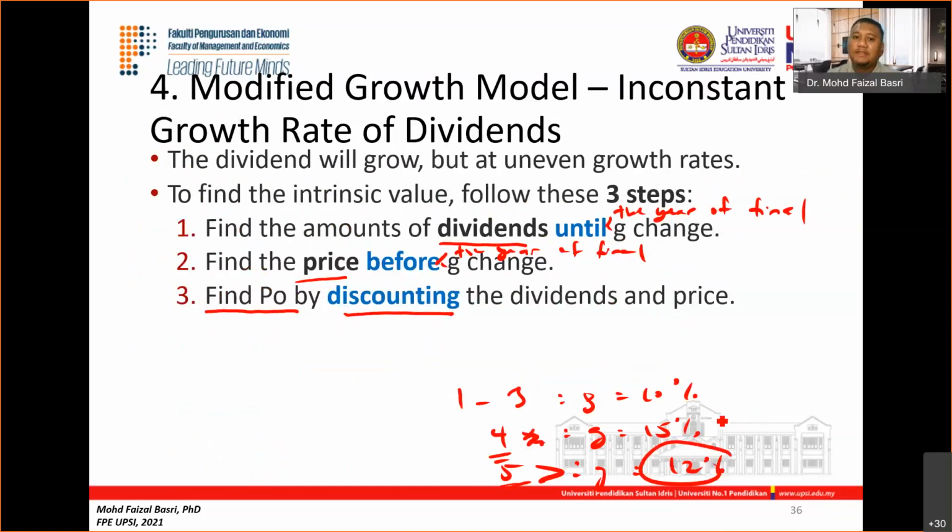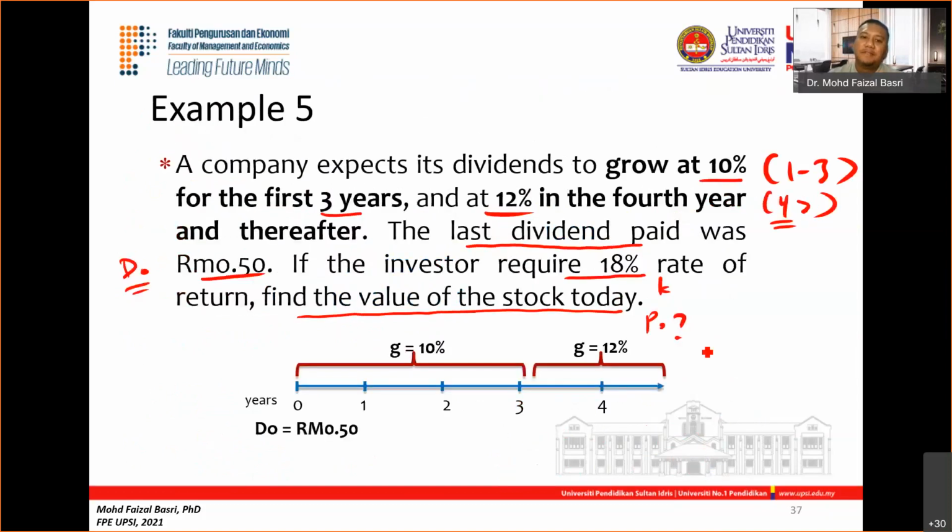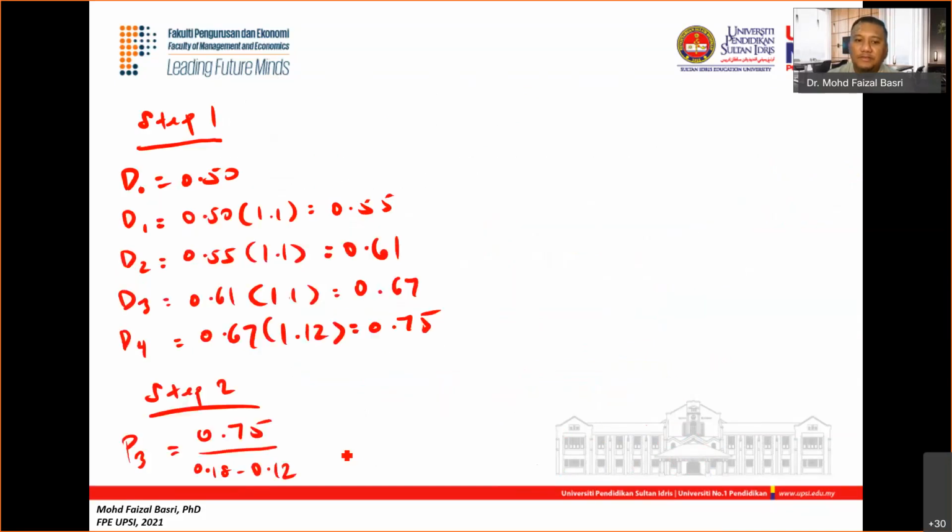Okay, always use the last one. Macam ni tadi lah. So the first 3 years 10%, the last one is 12%, so we use the last one. So kalau dia berubah lagi, katakan 10, 12 and then 8, we're going to use the last one, 8. Contohnya. Okay, so here berapa? RM12.50.